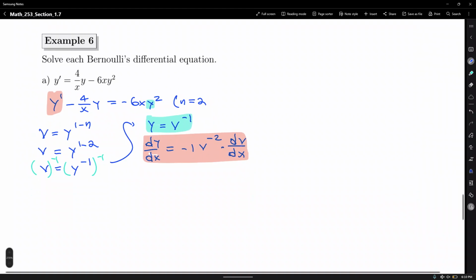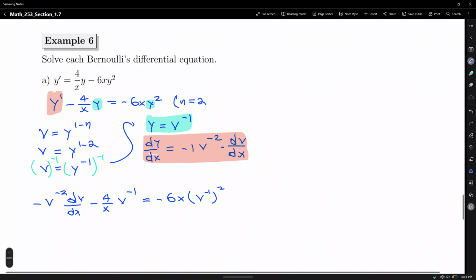Number one, y prime, which is really negative 1, that's just negative v to the negative 2 dv dx, minus 4 over x y. Well, what's y? Wasn't it v to the negative 1? So we're substituting everything in terms of v. And that equals negative 6 x times the quantity y squared. What's the quantity squared? Another v to the negative 1, all right?